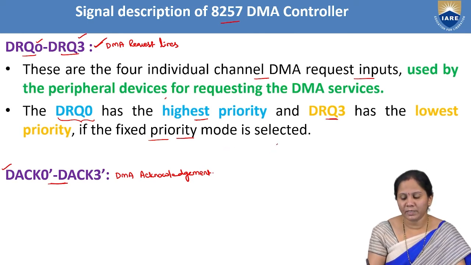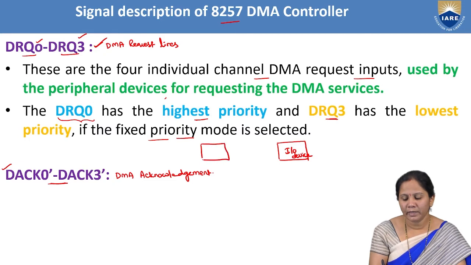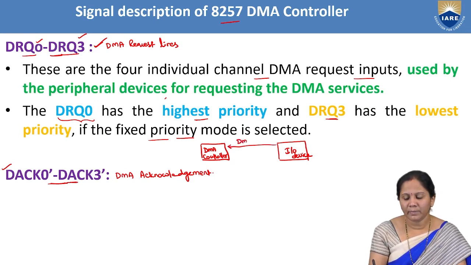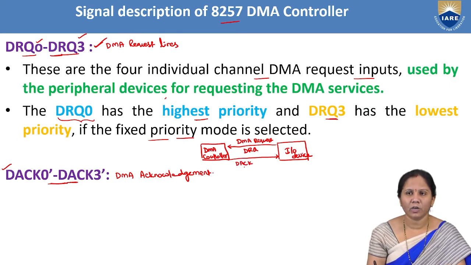If we consider an IO device and a DMA controller, we will have DMA request lines, which can be represented as DRQ lines, and from this DMA controller to the IO device we will have DACK, that is DMA acknowledgement.